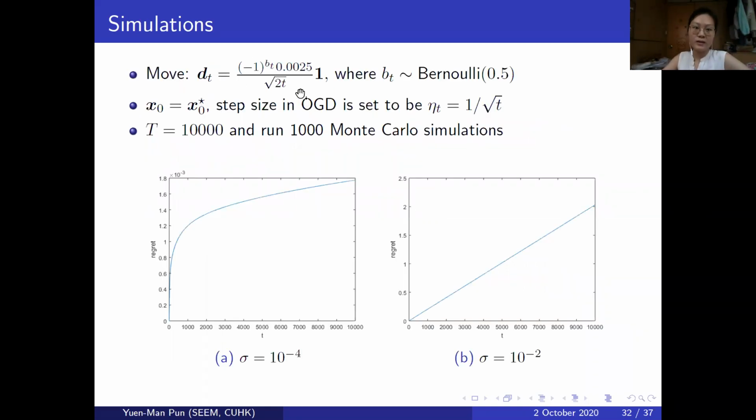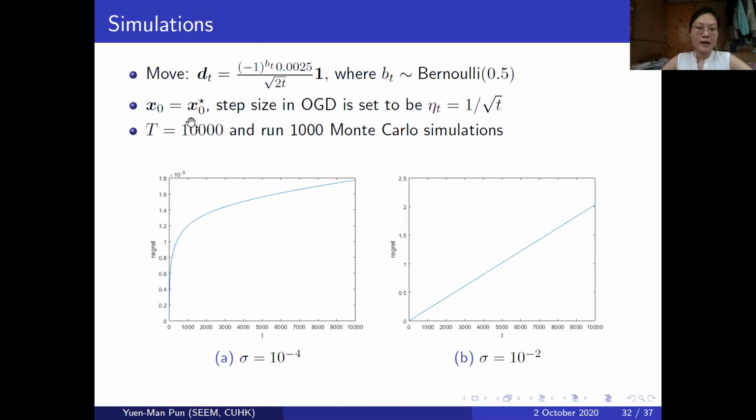We set the move like this. dt is given by this, where bt is a Bernoulli variable and 1 is the all-ones vector. As you can imagine, this move would be either going forward or going backward. Each move gets smaller and smaller as t grows, because we have this over square root 2t.